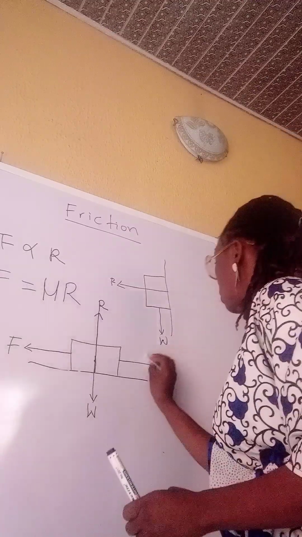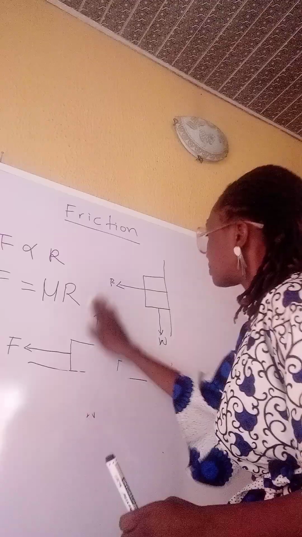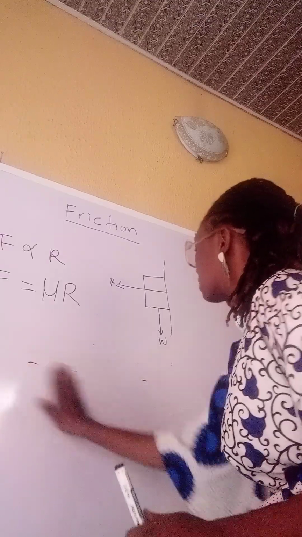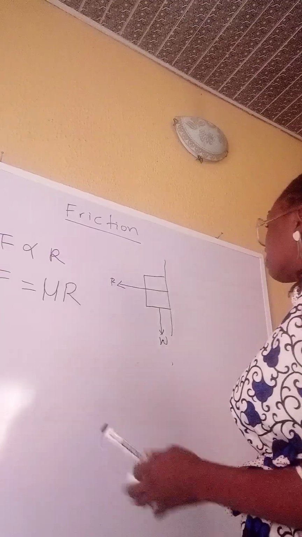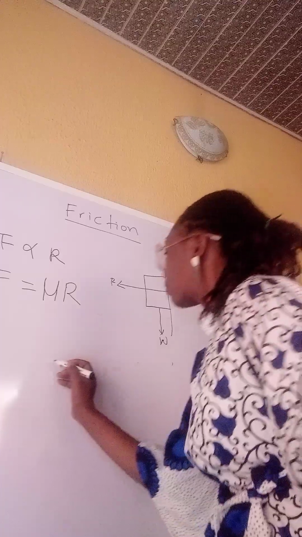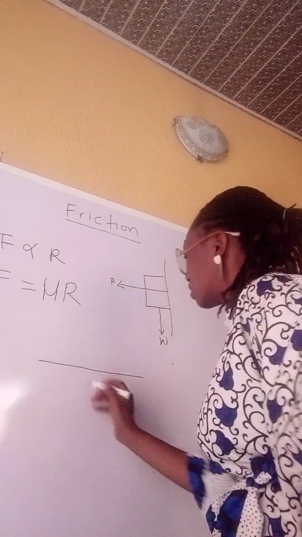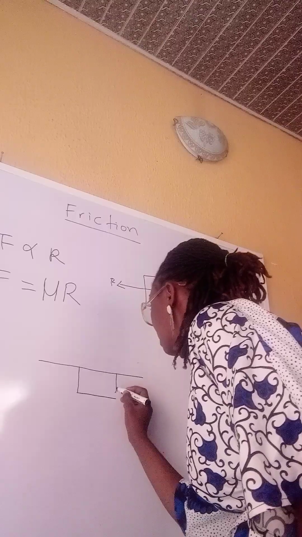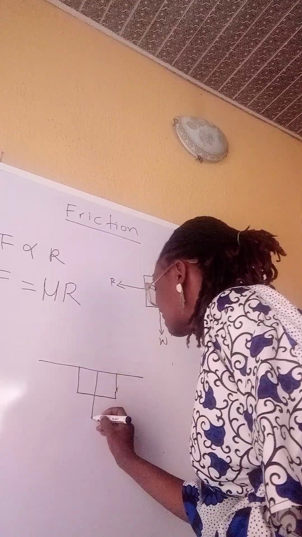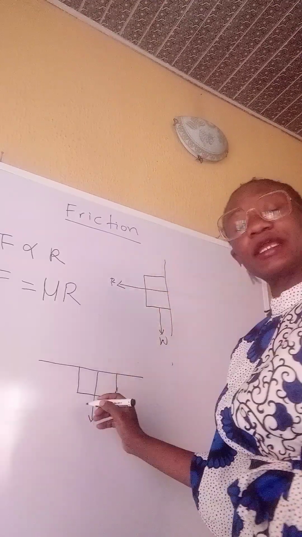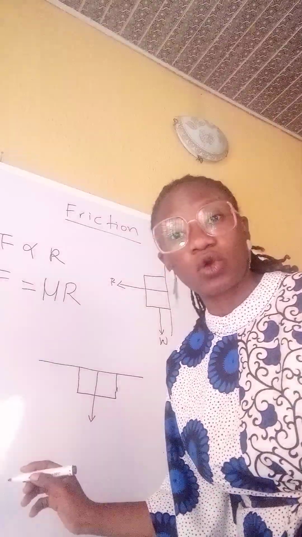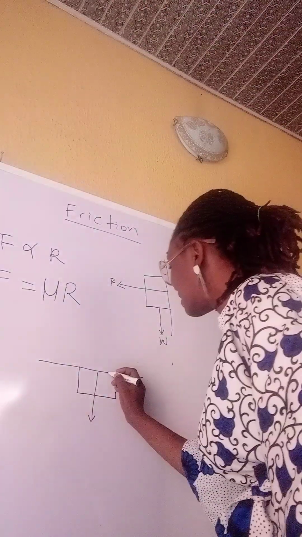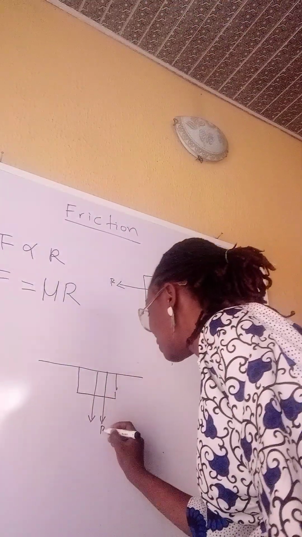Let me wipe the old information. Now we have the plane this way, and this is the body. The weight will still be acting downward. Since the normal reaction is perpendicular to the plane, it means that the normal reaction also will be this way.